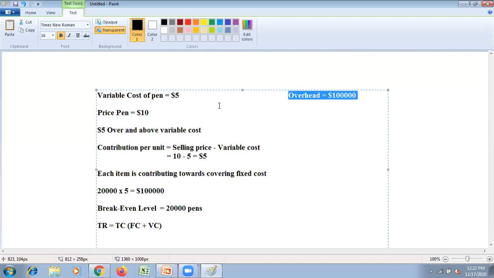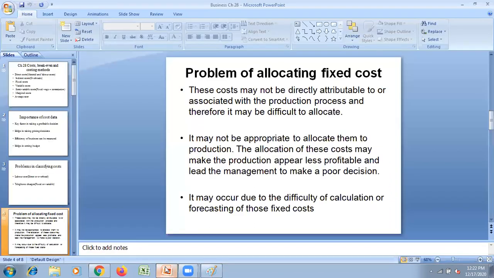But in the end, after achieving 20,000 units of pens, the business is able to achieve profit when it starts selling more than 20,000 pens. So this is how, and I explained to you the concept of contribution per unit as well. So this is about this first point.